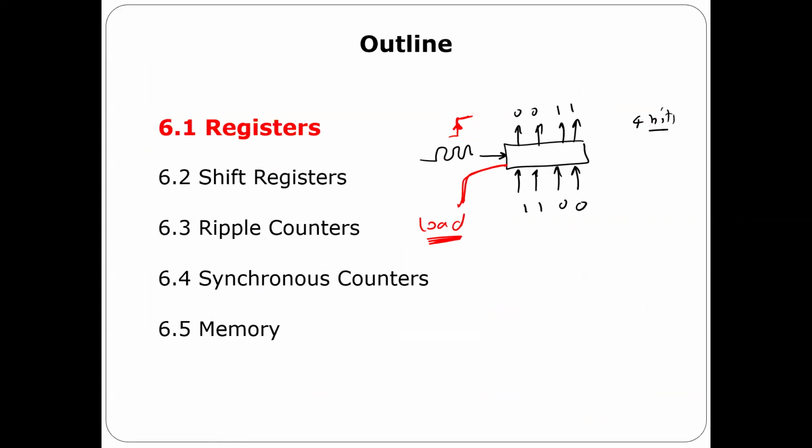If load is equal to 0, this value is not going to change at the clock. When the clock comes, you are not going to update the value when load is 0. When load is equal to 1, when the clock comes, you are allowed to write the register. You got what I'm saying?